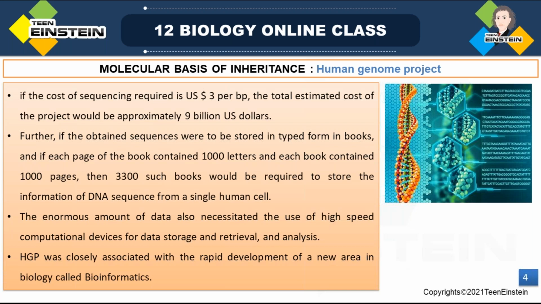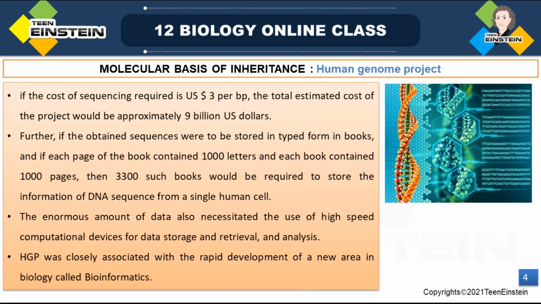For storing the information of DNA sequencing from a single human cell, we need 3,300 books, with 1,000 pages in each book and 1,000 letters in each page. So a huge amount of data is required.